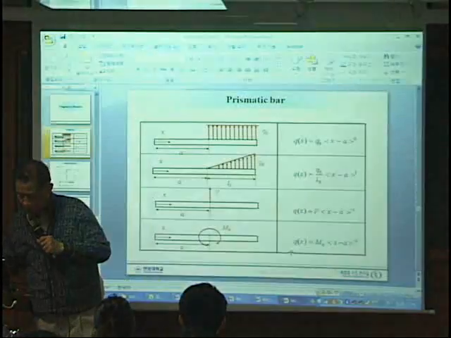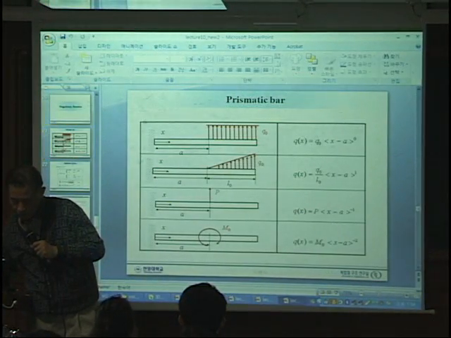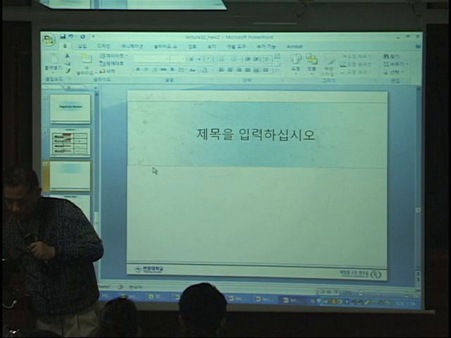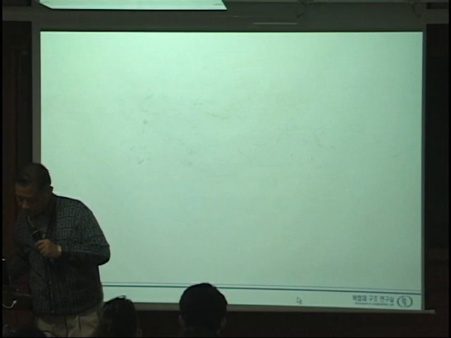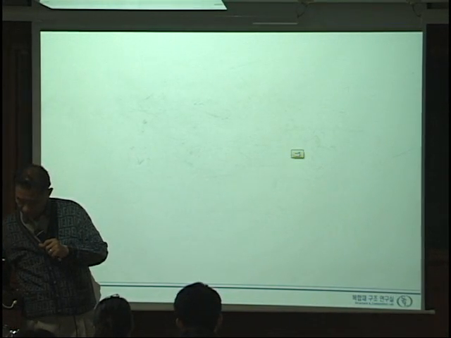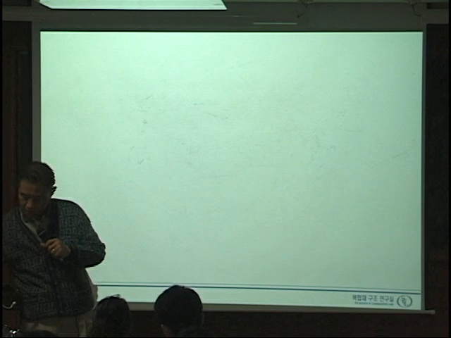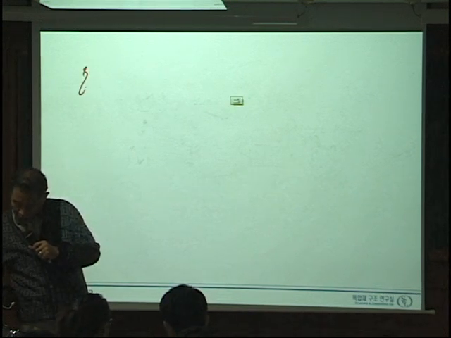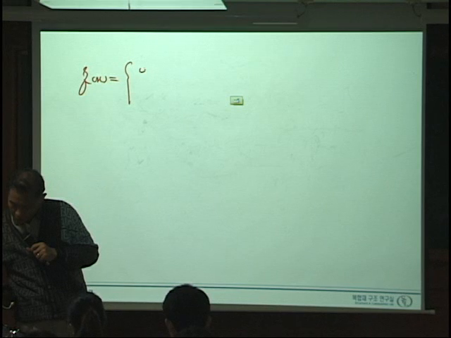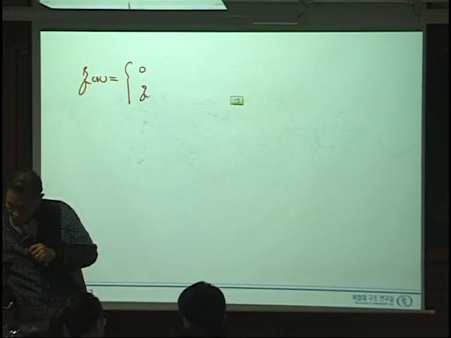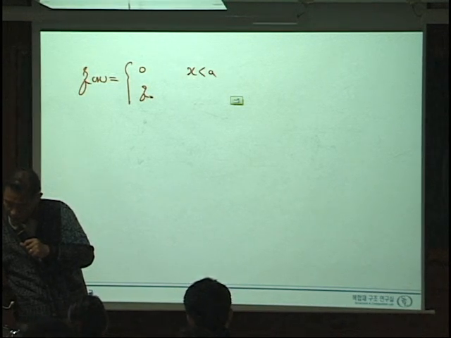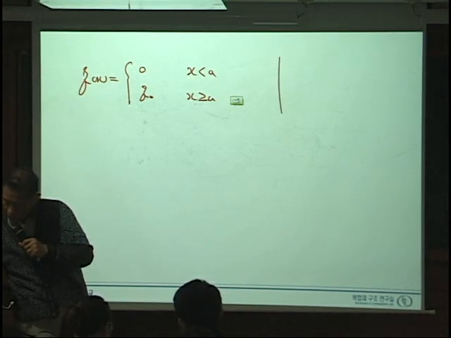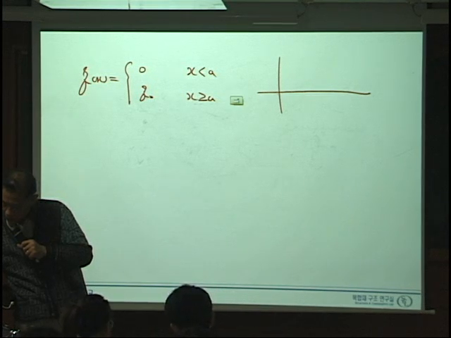Let's put it this way. We have a function q(x) equal to 0 and Q0, if x is less than a, and x greater than a, which means that we have this kind of function.